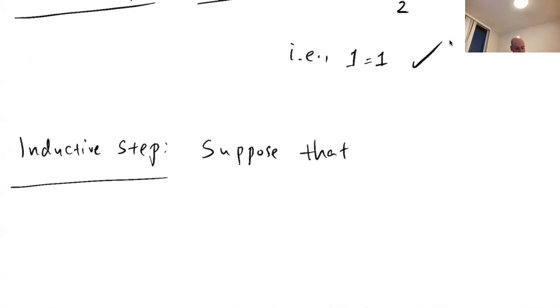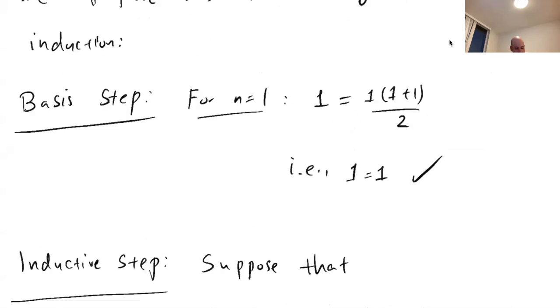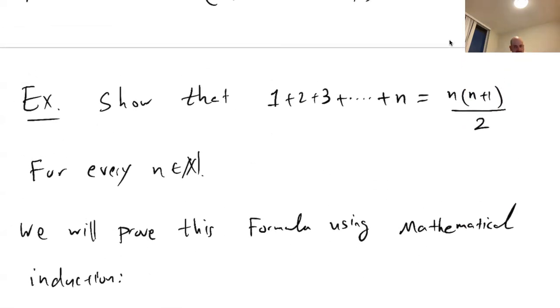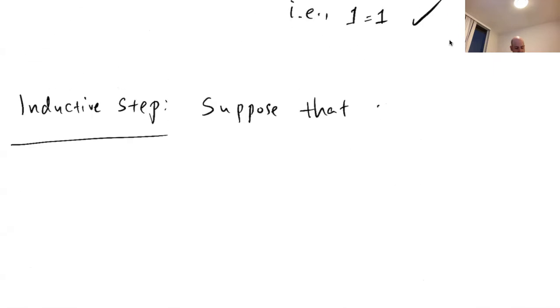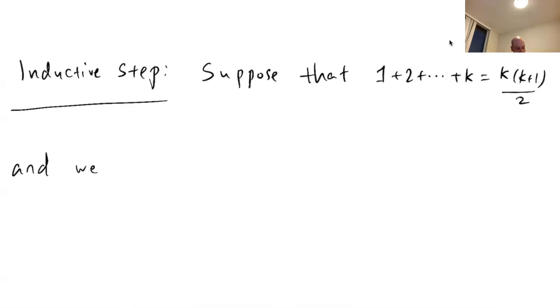So suppose that 1 plus 2 plus ... plus k equals k times (k plus 1) over 2, and we will show that it will be true for k plus 1.